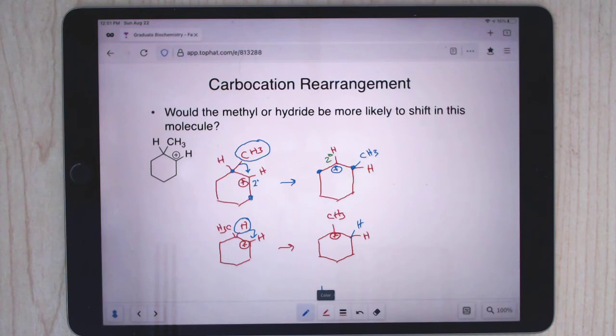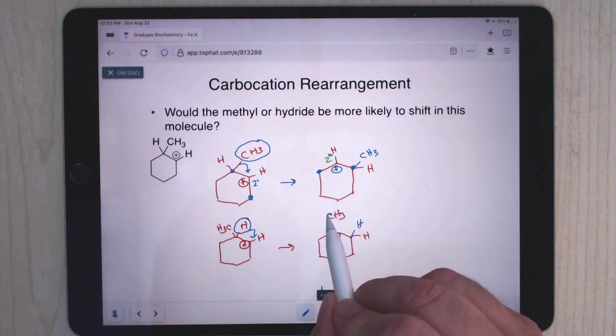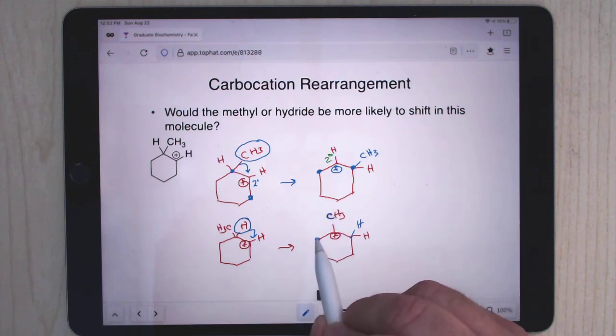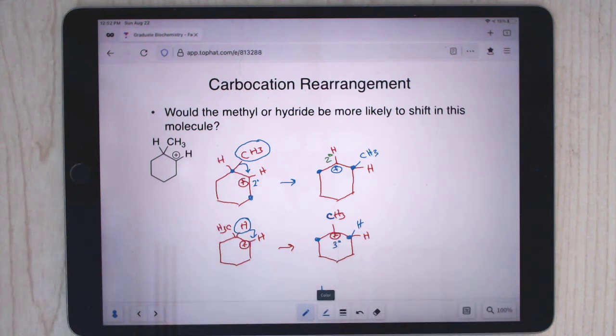Now the carbocation is there. And so for here, now it's 1, 2, 3. Now it's a tertiary carbocation. That's much, much, much more stable.